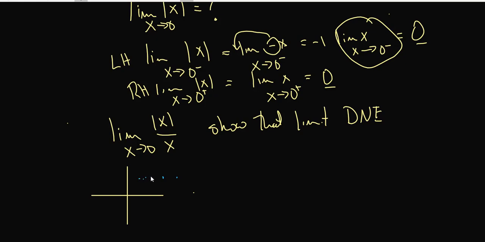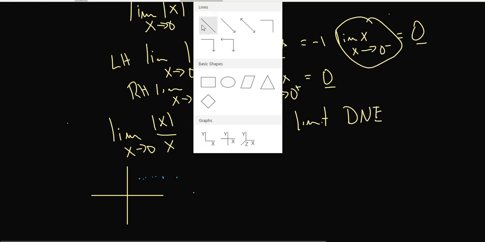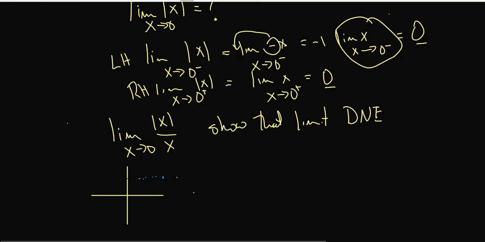So you get 1 everywhere. That's not very good, but let's say it looks like this. Now, what about at 0, though? When x is 0, the absolute value of 0 is 0 over 0, so it's not defined there. So we need a circle there.